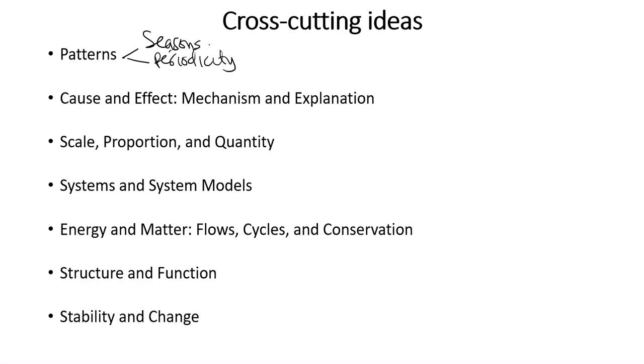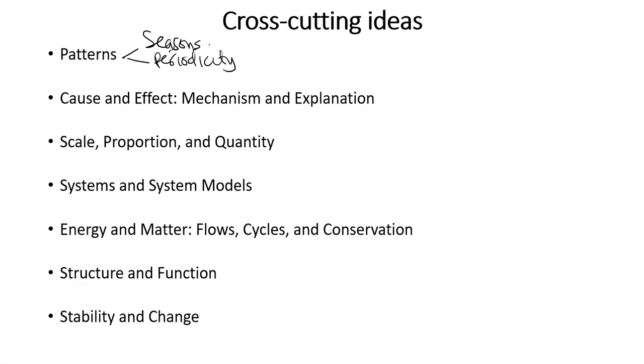So patterns are cross-cutting ideas. Cause and effect, mechanisms, and we talk about causes of things in biology. We talk about causes of things in chemistry. We talk about causes of things in earth sciences. What are the causes of seasons?